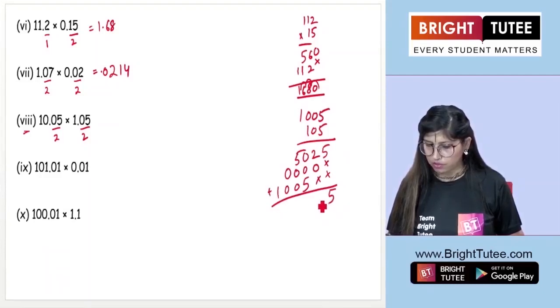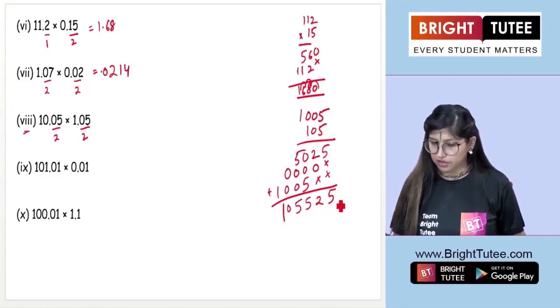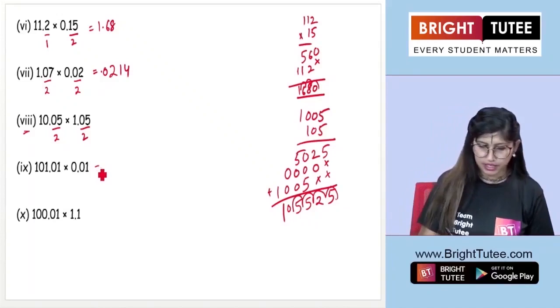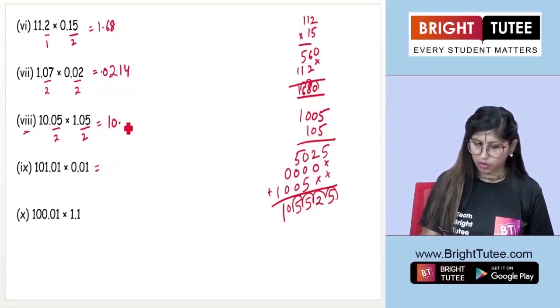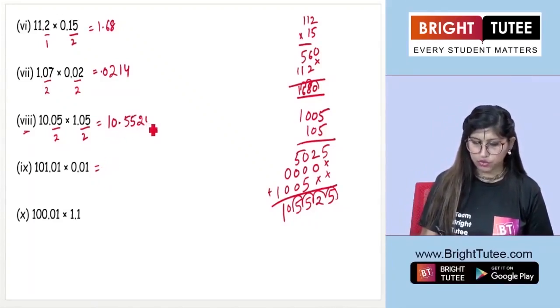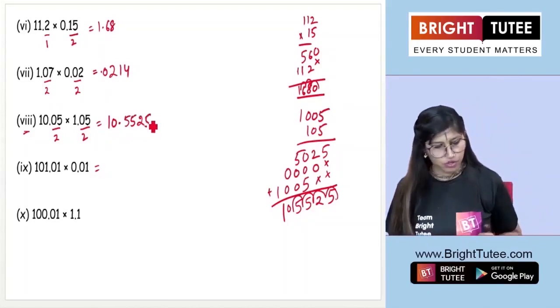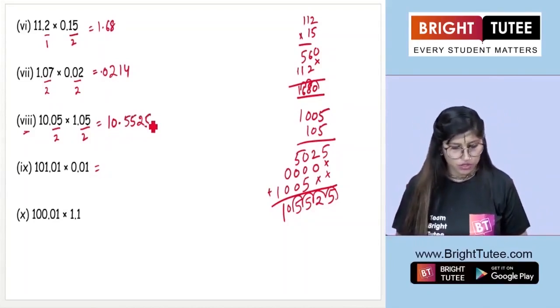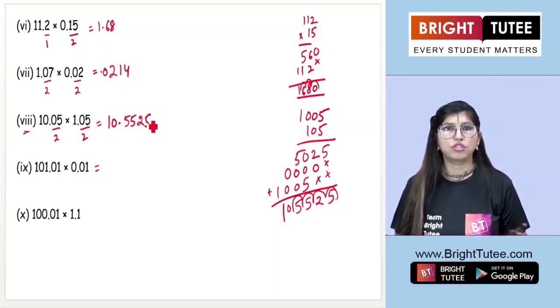Adding all of them up, and 4 places to the left. Over here 1, 2, 3, 4. So we'll be getting 10.5525, right?